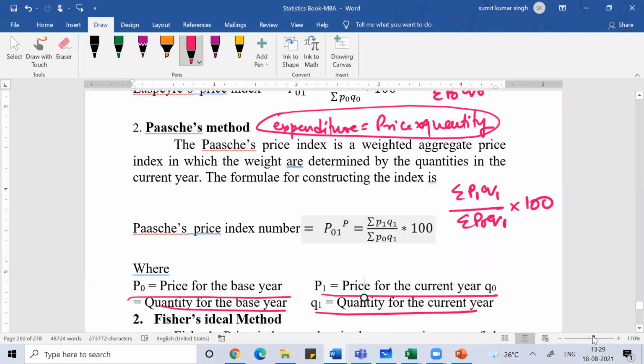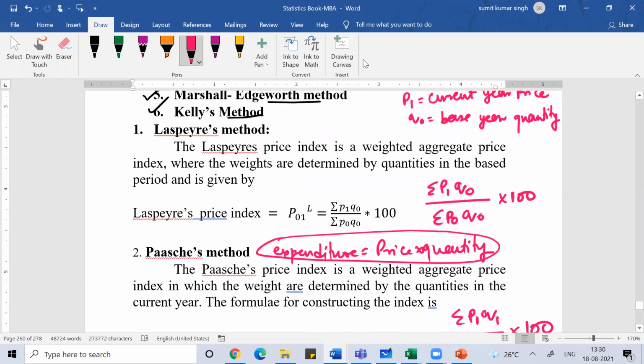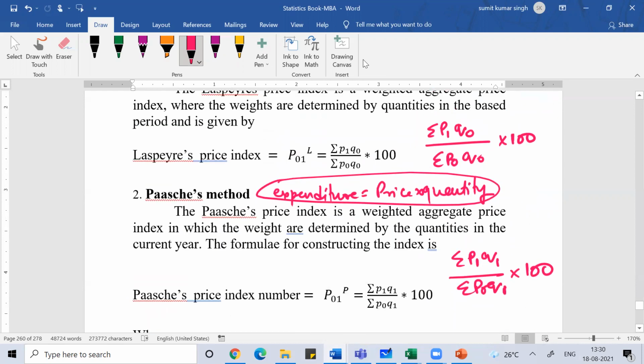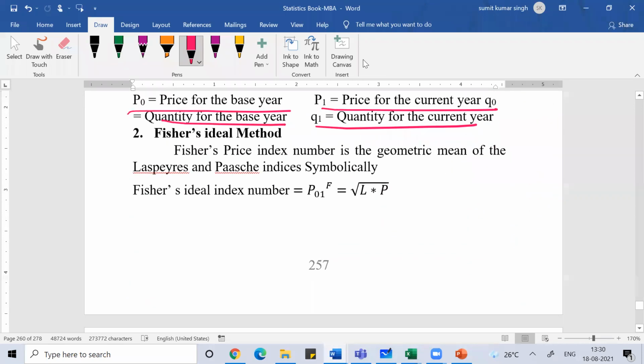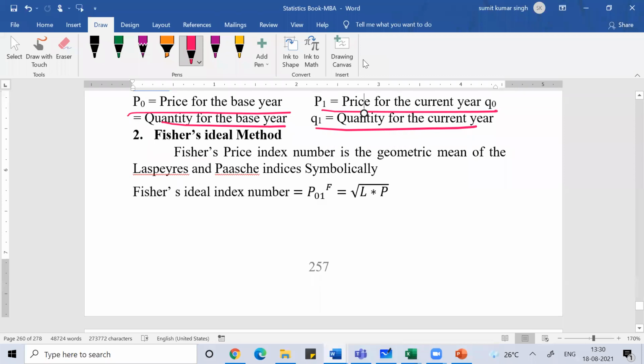Once you calculate the Laspeyres and the Paasche, the geometric mean of Laspeyres and Paasche is called the Fisher ideal index method. So you need to find the geometric mean.